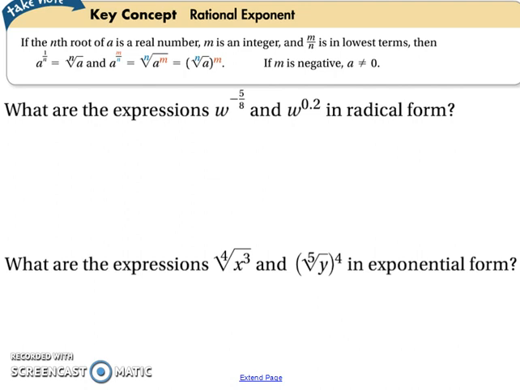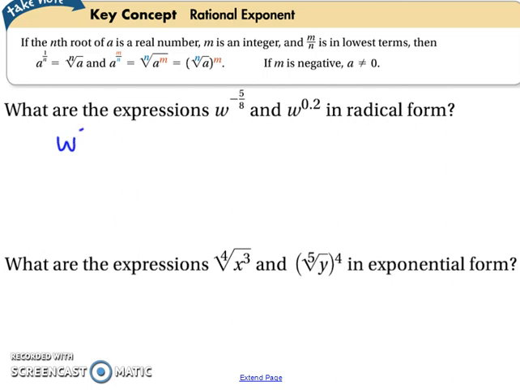So here's a key concept: if you have a number raised to an exponent that's a fraction, we talked about this before a little bit, the top number is your exponent, the bottom number is your index. So if we want to find the expressions, w to the negative 5/8, we're going to do that one first.